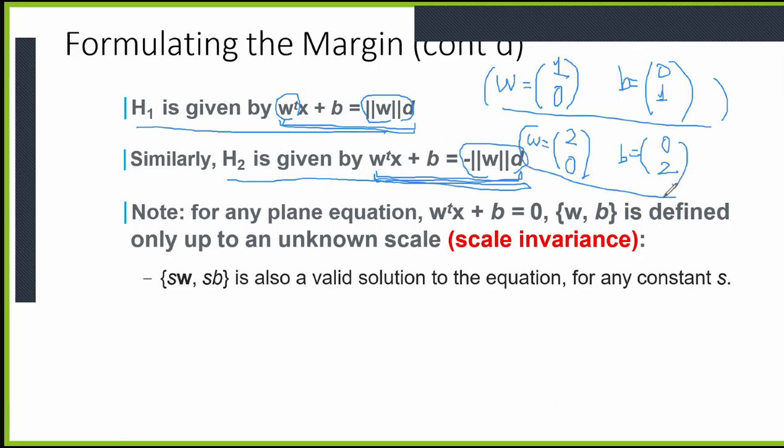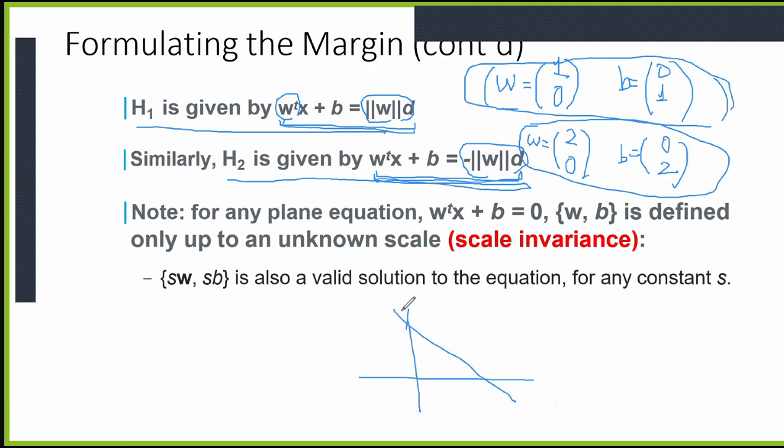These two sets of weight-bias combinations in the feature space will correspond to the exact same decision boundary. The distances produced by these combinations will be different, meaning they will be scaled by the norm of the weight vector as we see here. But we will still get the exact same decision boundary, even when the weight and bias are scaled.